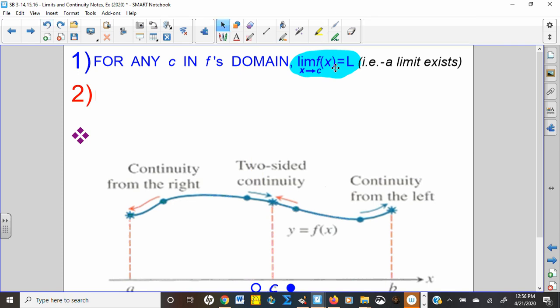Cool, okay? But if you remember, one really interesting thing from a couple weeks ago is that we found out when we have removable discontinuities, when I have holes, the limit still exists. Because even though there's not a point at the arrival location, the two sides of the function are still approaching the same spot.